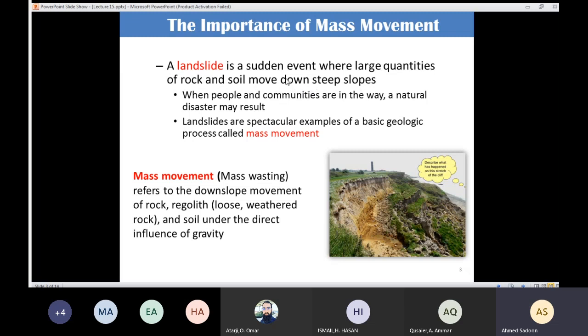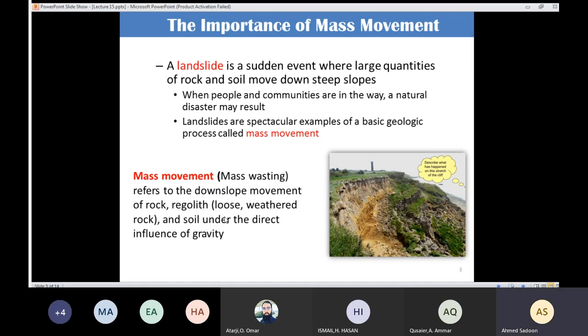So landslide is a type of mass movement, and it's known by its quick event, and we are going to see large quantities of rock and soil.